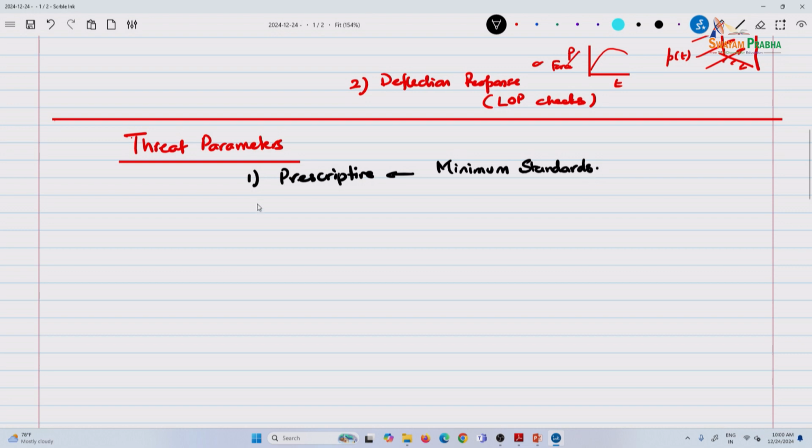Minimum standards, this is for DoD, and for TSA, for example, your security agencies, they can have their own.